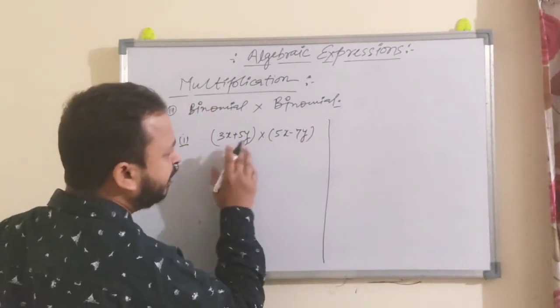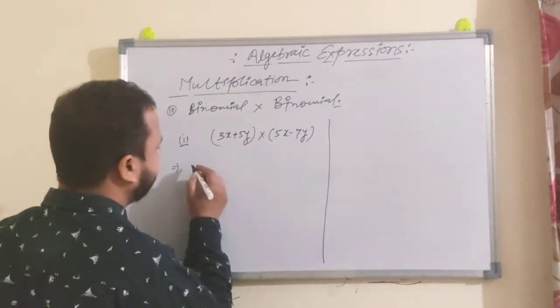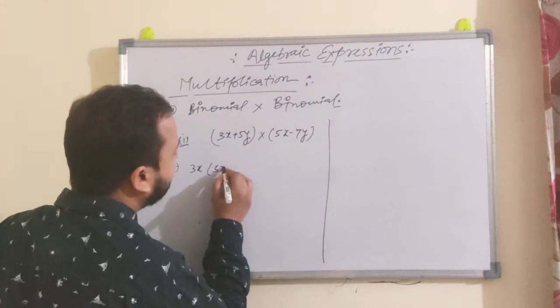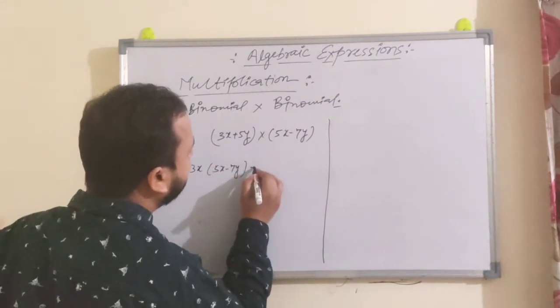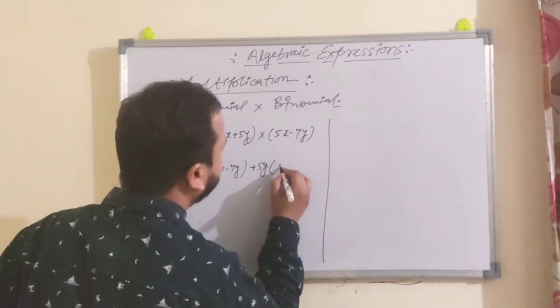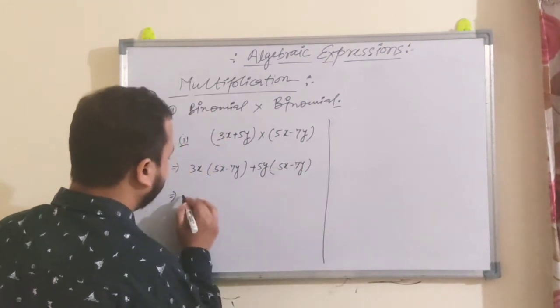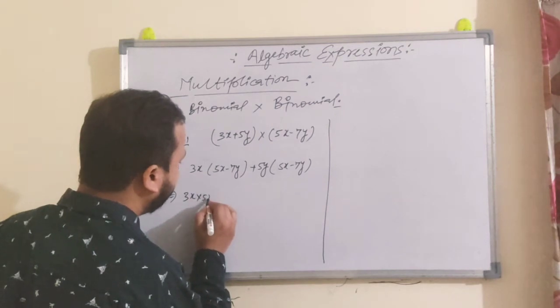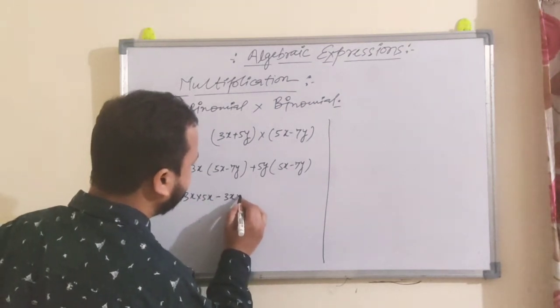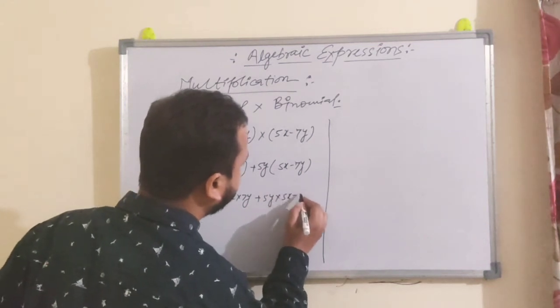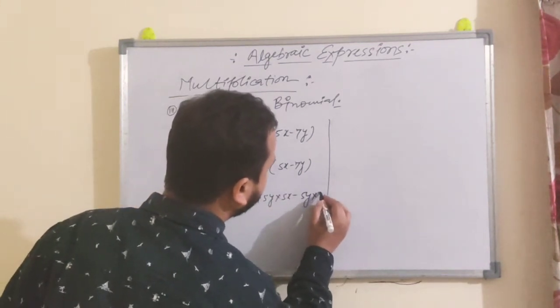So here we have to apply the distributive law 2 times. So 3x and then 5x minus 7y, and then plus 5y, 5x minus 7y. So 3x into 5x minus 3x into 7y plus 5y into 5x minus 5y into 7y.